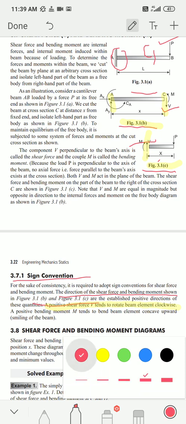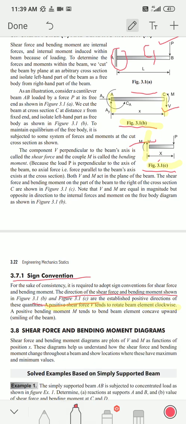Similarly, this bending moment is positive in figure 3.1b when it bends beam elements concave upward. This bending moment is acting anticlockwise, so it makes the beam bend upward, so it is positive.